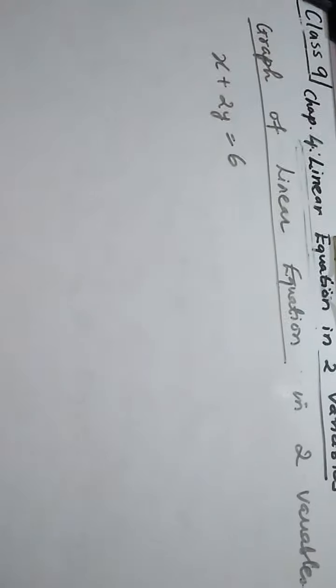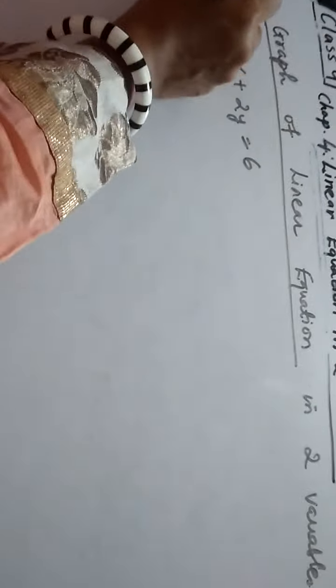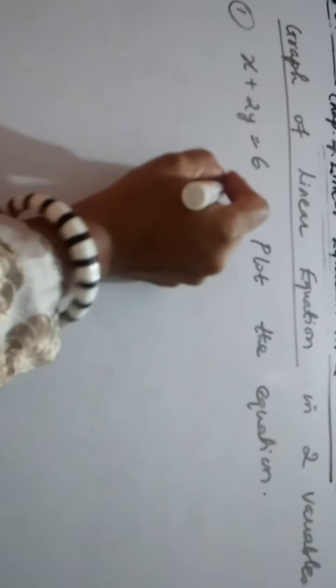Now, see, I will give you an equation: x plus 2y is equal to 6. This is your question. Now, we have to plot this. Plot the equation. Before plotting, we must know the value of x and the corresponding value of y.